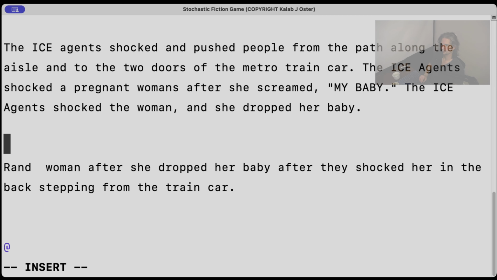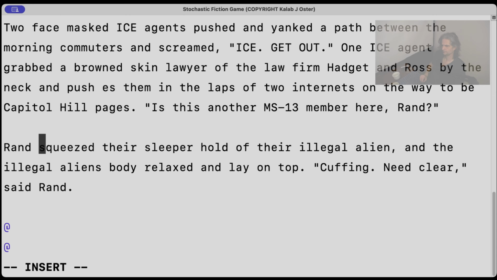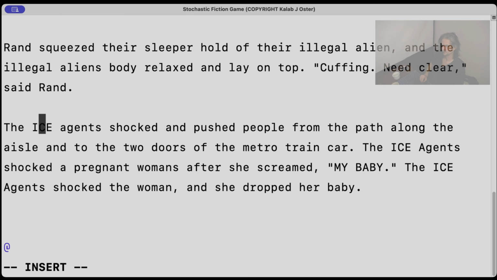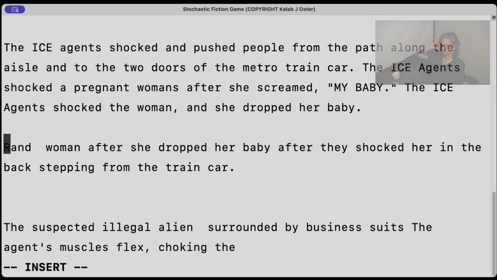Let's see. Wait. Cuffing need clear. You just made someone pass out. And so they were cuffing them. So Rand cuffing need clear. They cleared. This is action, right? So Rand's going to be this hero.